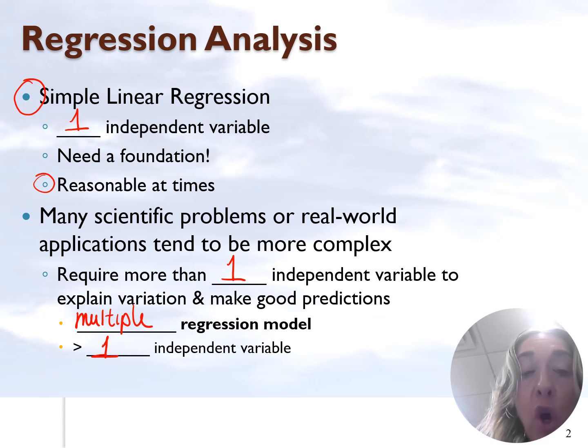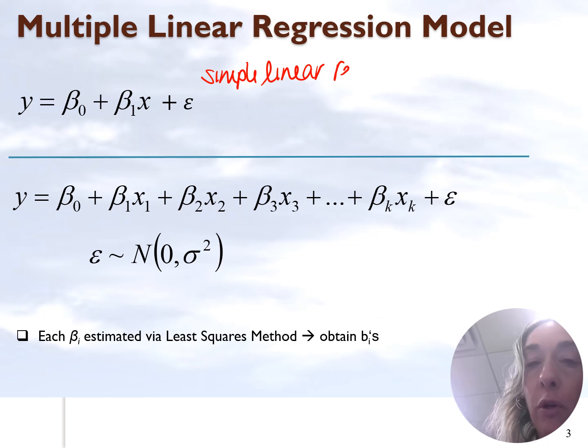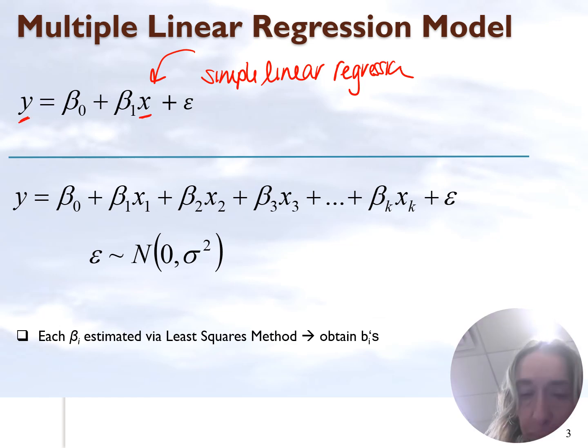Multiple regression, more than one independent variable. This, of course, is our simple linear regression model that we're used to working with right here, with our one independent variable and our dependent variable.